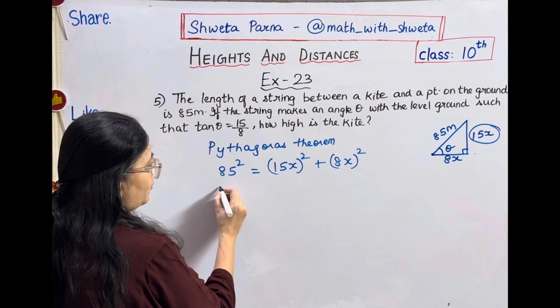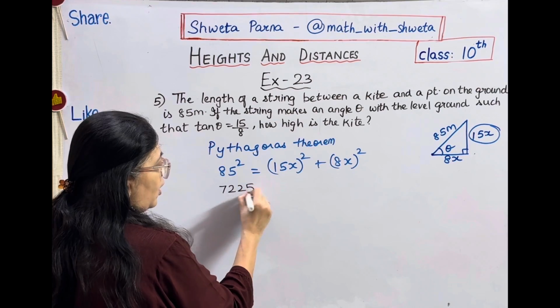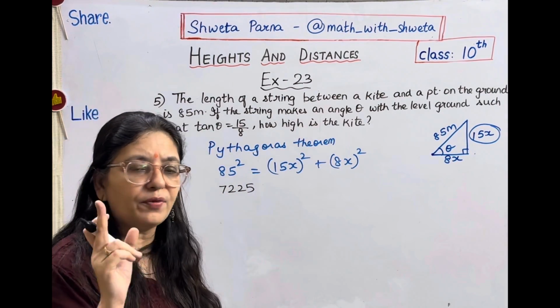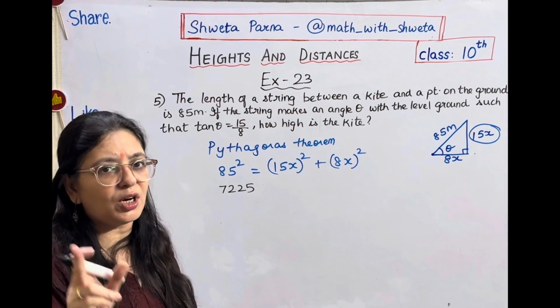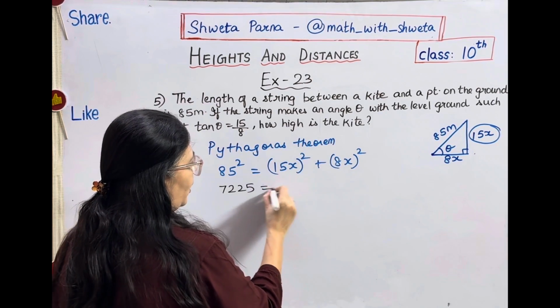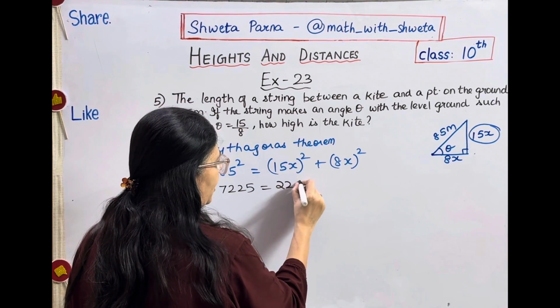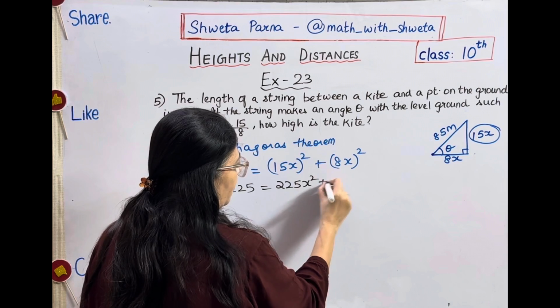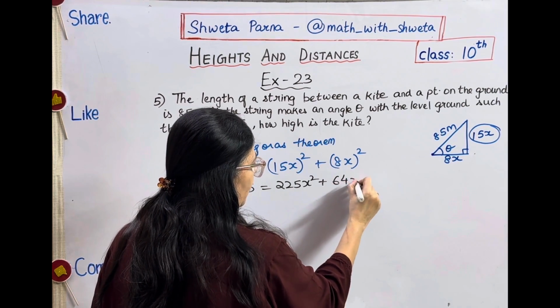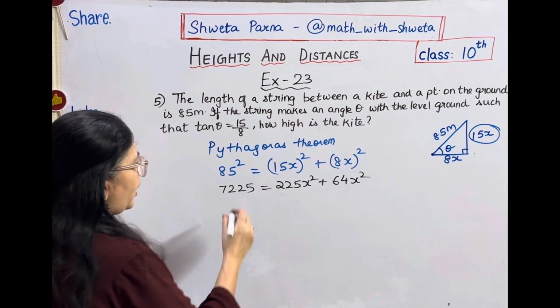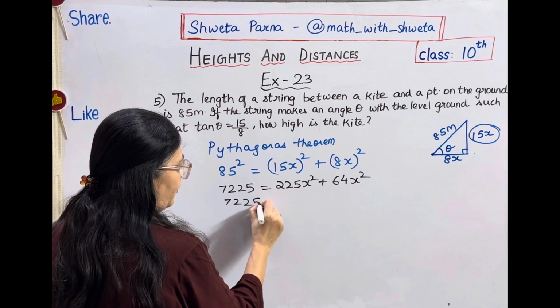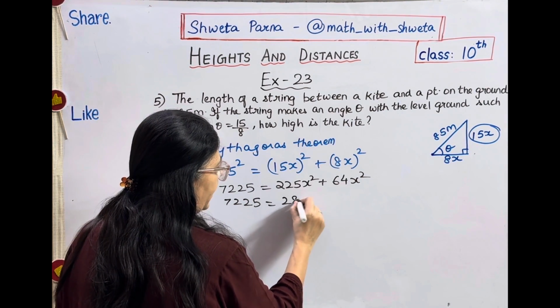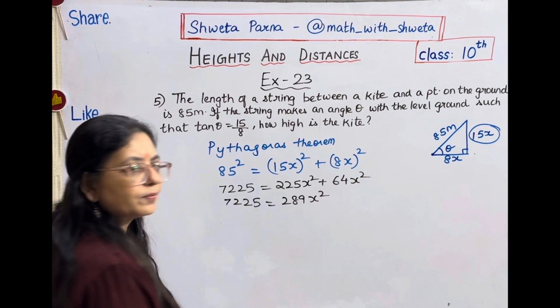So, 85 square is 7225. We can find the square of number ending with 5. Please check my shorts for this. Is equal to 15 square is 225 x square plus 8 square is 64 x square. Okay. So, 7225 is equal to 289 x square.